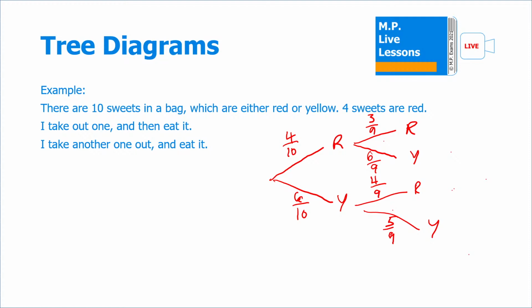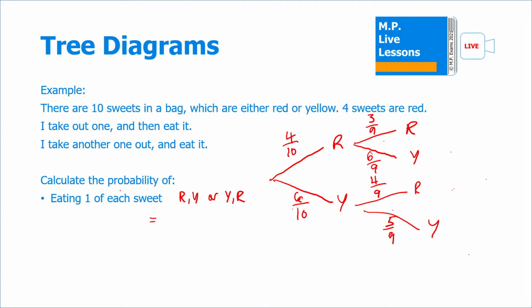So let's calculate the probability of eating one of each sweet. So that will be just red then yellow or yellow then red. So when you're multiplying, you need to multiply the probabilities together when you're doing one event after the other. So that would be red and yellow. So that's 4 over 10 times 6 over 9.